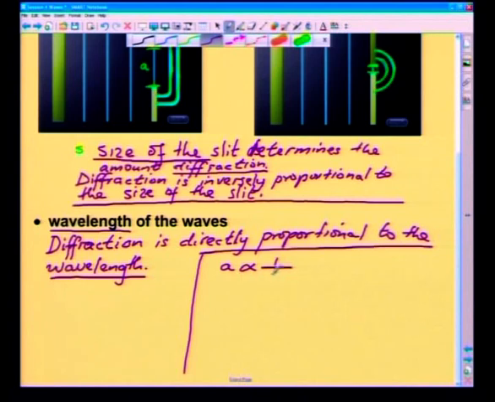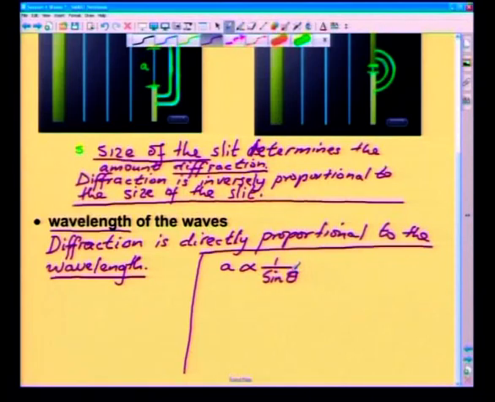And diffraction is actually represented by the angle, because the angle will tell us whether we have a smaller angle or bigger angle, and that angle tells us about the amount of diffraction.